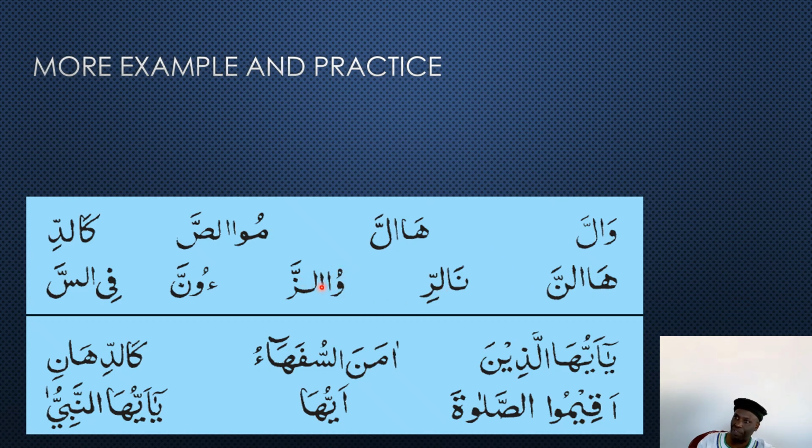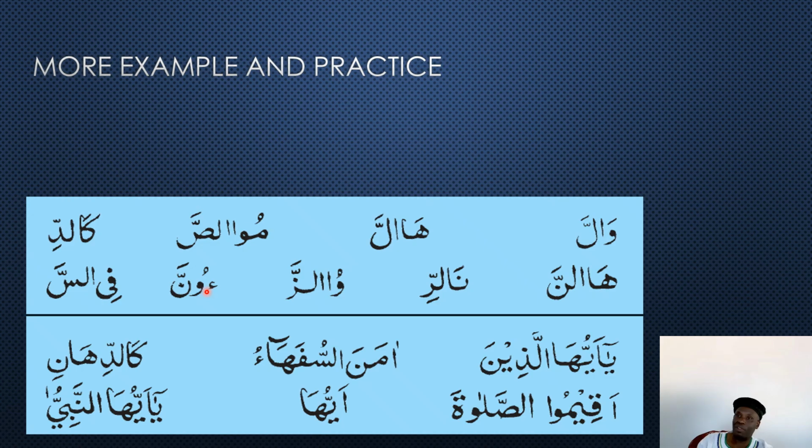There's a waw here with alif. You're supposed to say woo or wa, but because of the shadda there, wuzza. Hamza, waw with dhamma, it's oo, but because of the shadda here, it's unna.